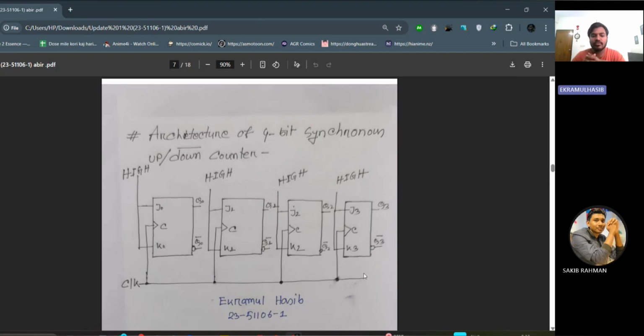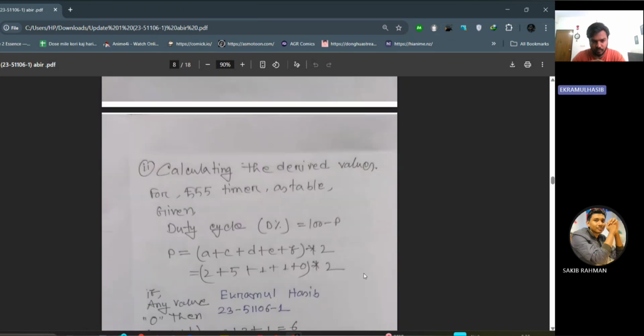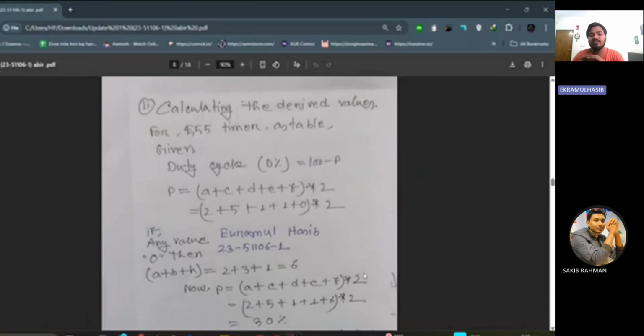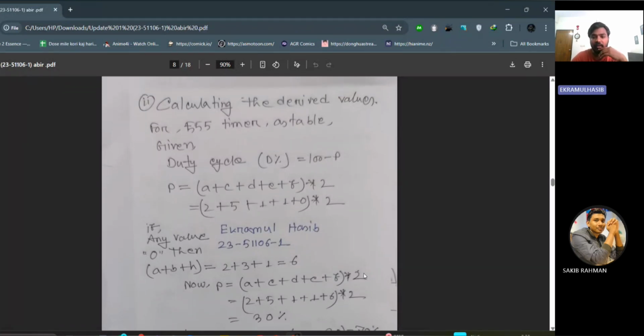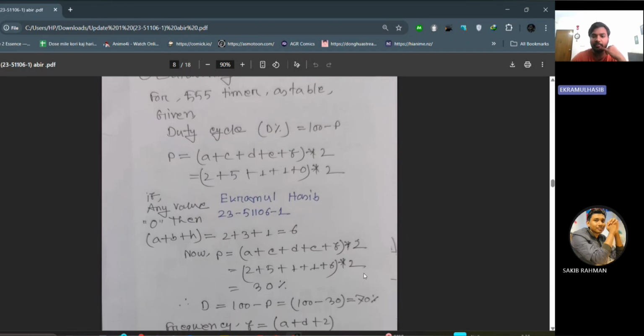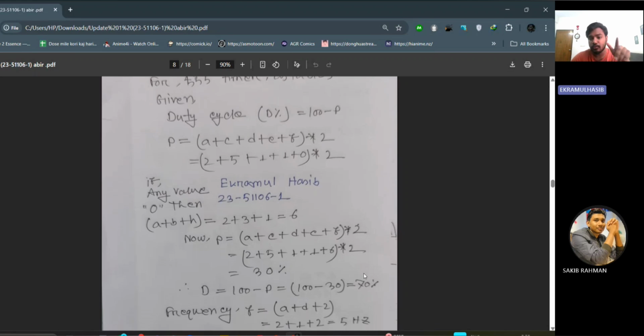So my second question focuses on the 555 timer, duty cycle, and 7-segment display, and is about circuit design for the parking system. First calculate the derived values for the 555 timer astable given duty cycle D. Duty cycle D equals 100 minus P, and P means A plus B plus C plus D plus E plus F into 2.